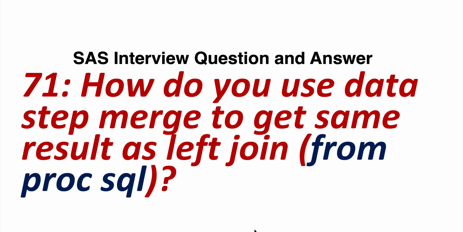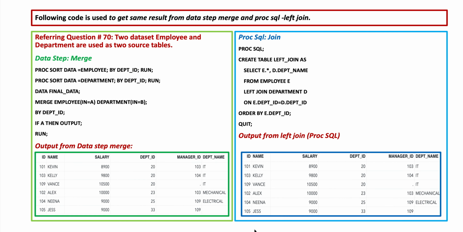In case of the left join, it returns all the records from the left table and matching records from the right table depending upon the joining condition. That means the following code is used to get the same result from data step merge as well as Proc SQL.